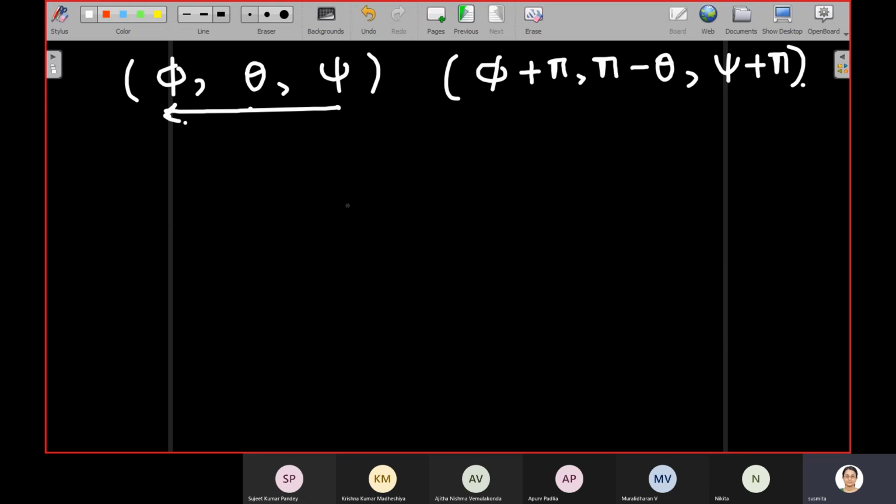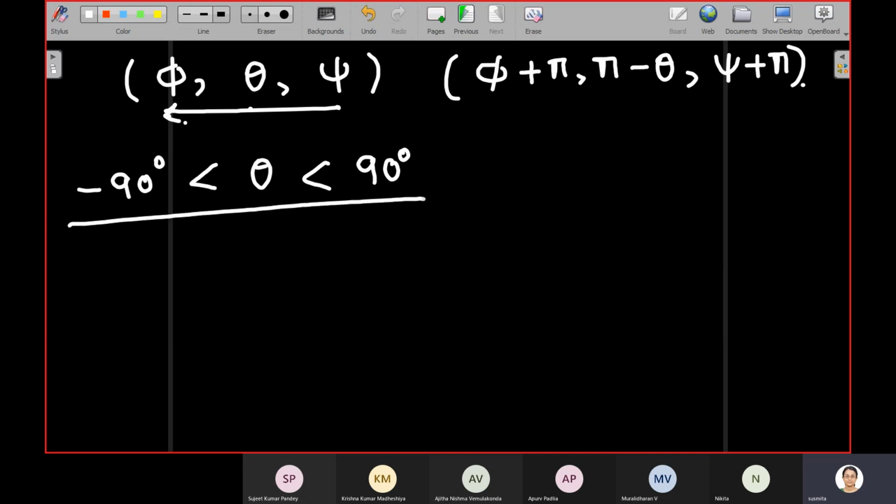Okay. So in order to avoid this, the following condition is imposed. Theta must be within plus minus 90 degrees. Just see, when we impose this condition, what happens?